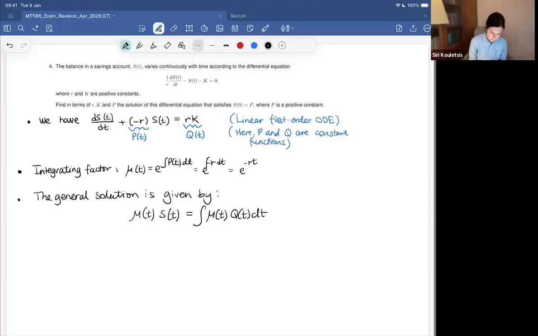And so let's put in our mu of t and our q of t here. And remember that r and k here are just positive constants.